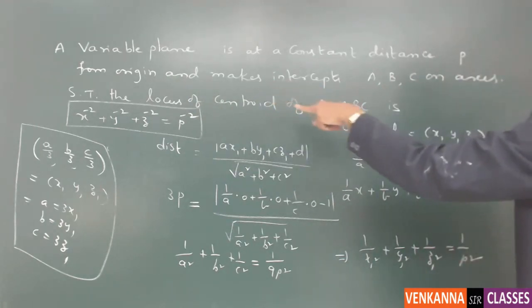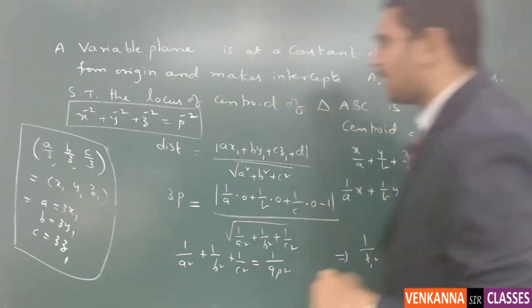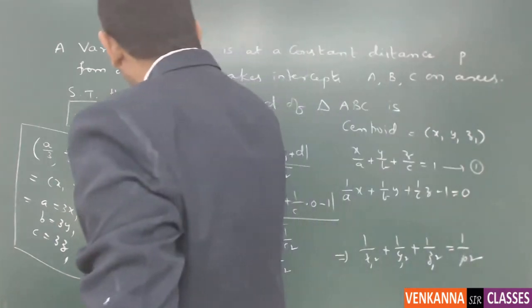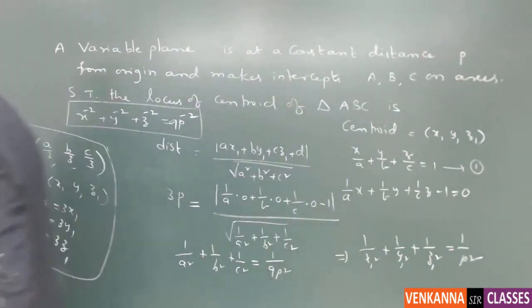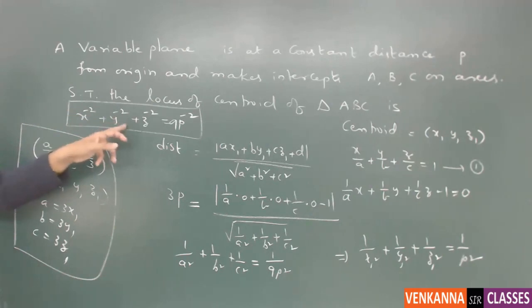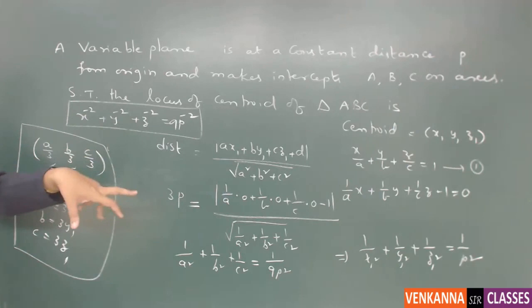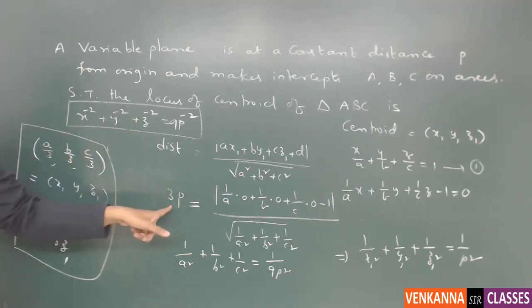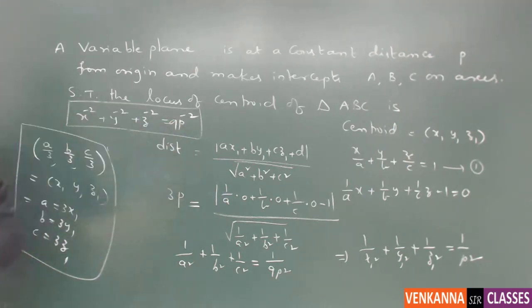Show that the locus of the centroid of triangle ABC is given by, you take 9 here, 9 p power minus 2. Okay? So take this problem as an assignment. Same model, same steps. In the distance, instead of 3p you take p, and the solution will come automatically. Clear to everyone?